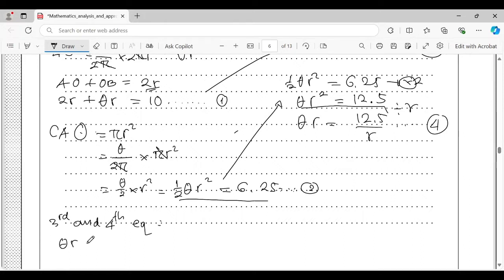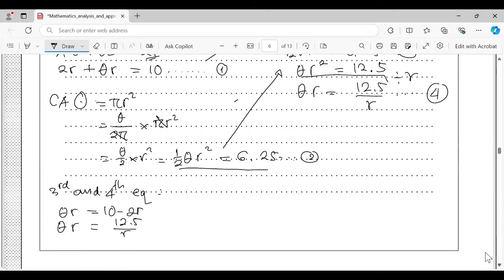Theta r equals 10 minus 2r, and theta r equals 12.5 over r. I need more space.